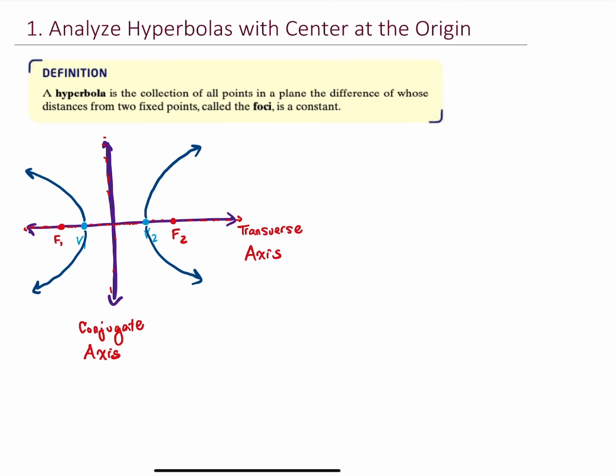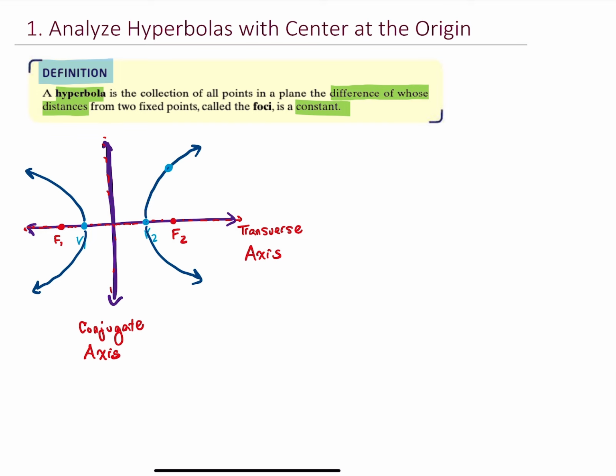So let's look at the written definition of a hyperbola. It says a hyperbola is the collection of all points in a plane, the difference of whose distances from two fixed points is constant. So it looks similar to the definition of the ellipse, except we have the difference of these two distances instead of the sum of the two distances.